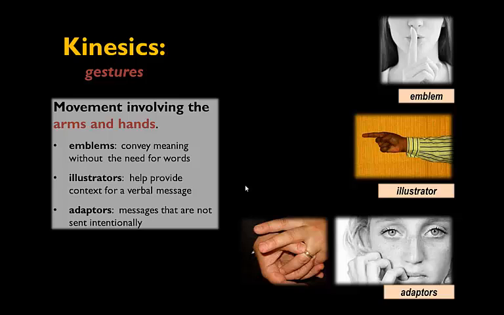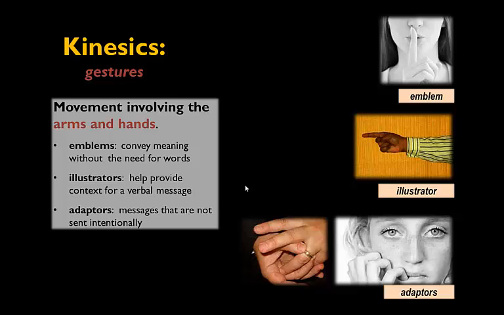So, for example, emblems are things that we don't need any additional verbal message in order to decode the meaning. So in that picture at the top of the screen where the woman is holding her finger up in front of her lips, we know that that means please be quiet, please stop talking.